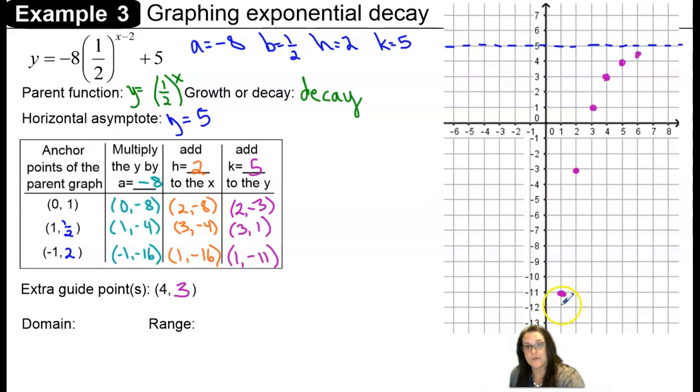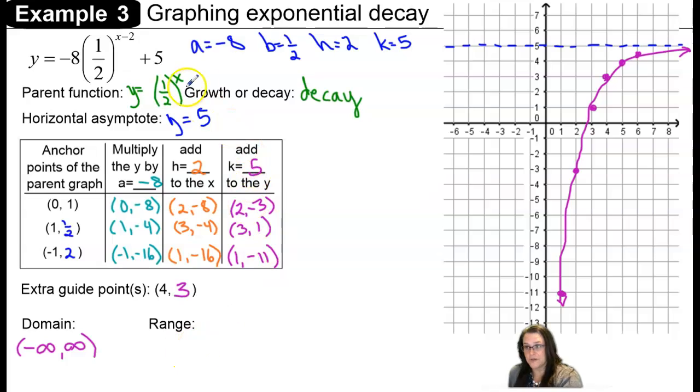So as we come along these anchor points and then bend, we approach but don't cross that horizontal asymptote. And the domain is fully unbounded, interval -infinity to +infinity.